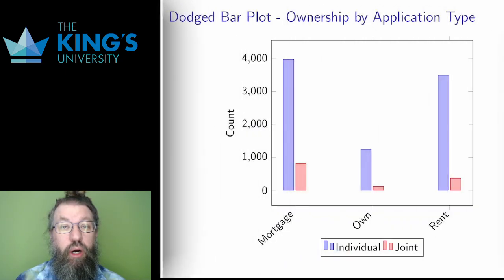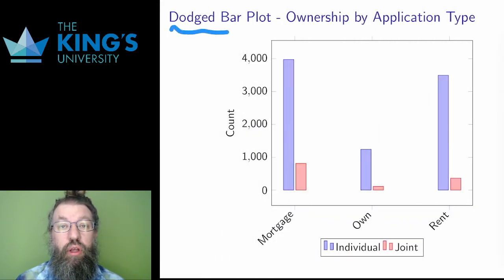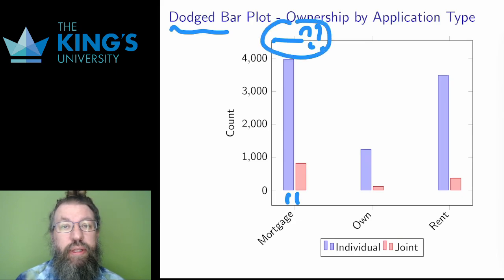A dodged bar shows the same information, but shows the breakdown side by side instead of in one bar. The total for the mortgage category is now the sum of these two bars, and each subset is its own side-by-side count. This makes the total of each category, mortgage, own, rent, a little bit less visible, but it makes the comparison in each category between individual and joint much more clear.